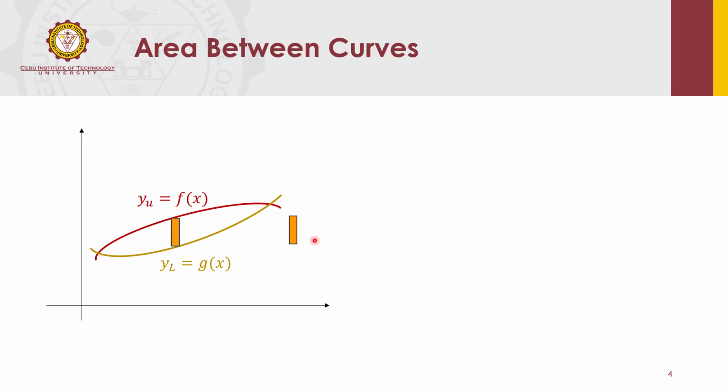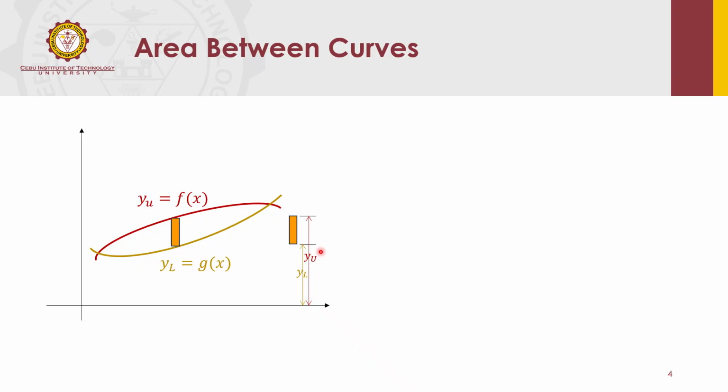To get the length of this vertical strip, we use the y coordinates of those points. For the lower end, we label it as y sub l. The distance from the x-axis of this point is the y coordinate of that point. For the upper end, we use y sub u.